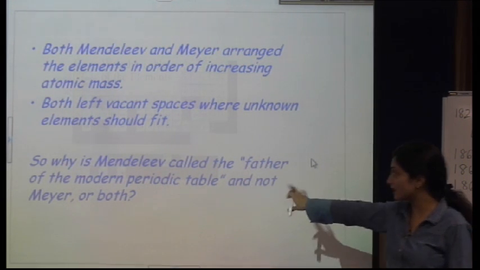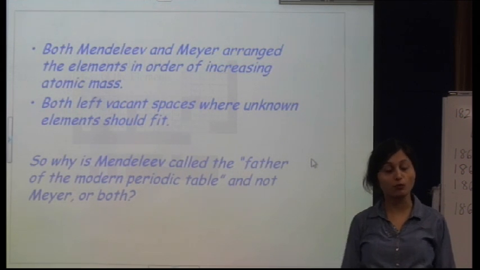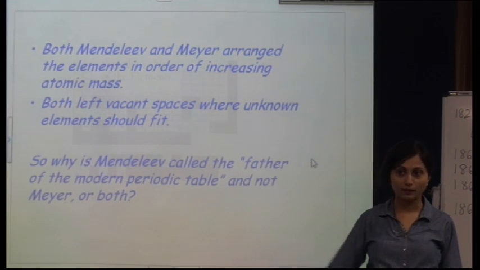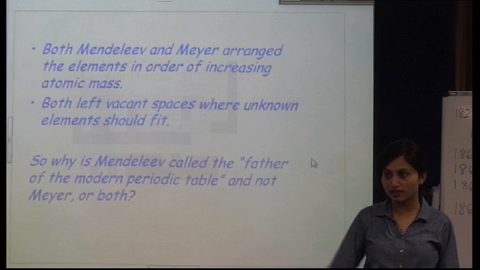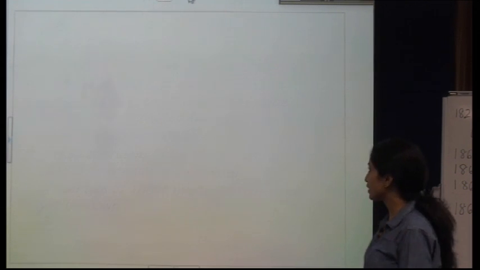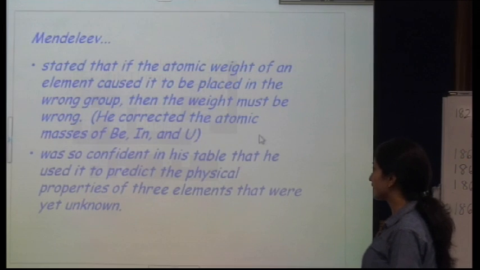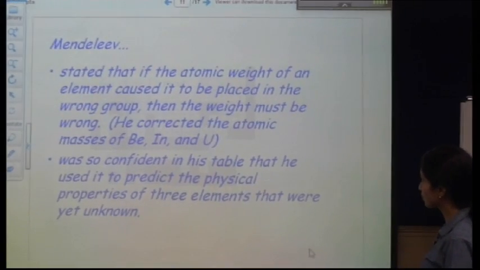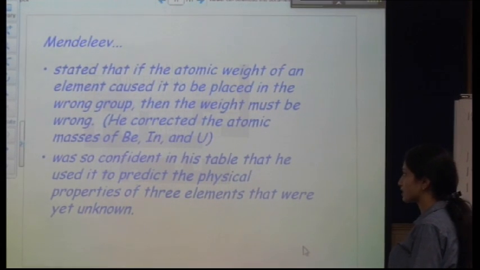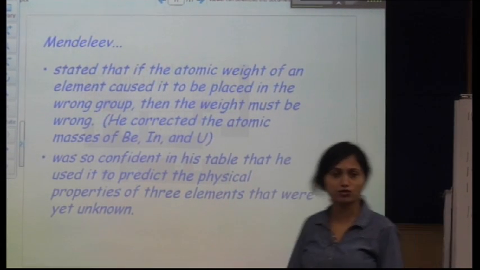Why is Mendeleev called the father of the modern periodic table and not Meyer? Because Mendeleev came up with his results first. He stated that if the atomic weight of an element caused it to be placed in a wrong way, then the weight must actually be wrong.